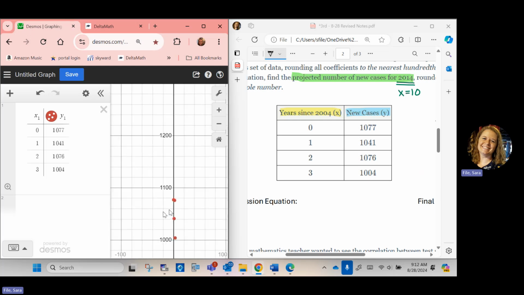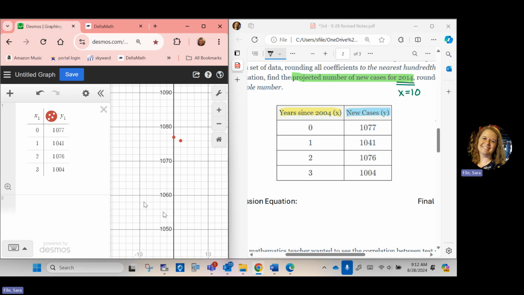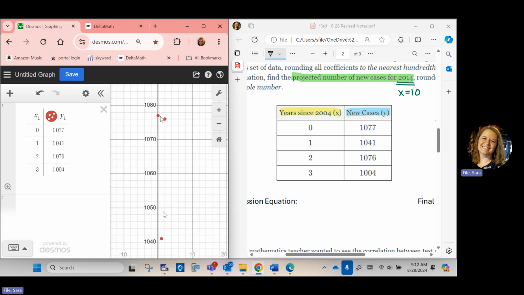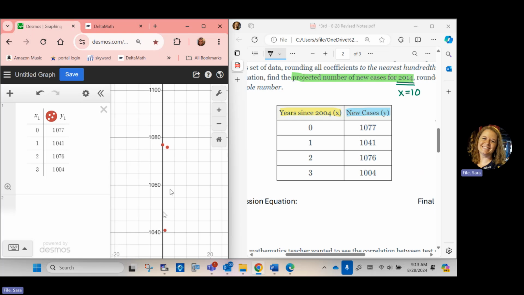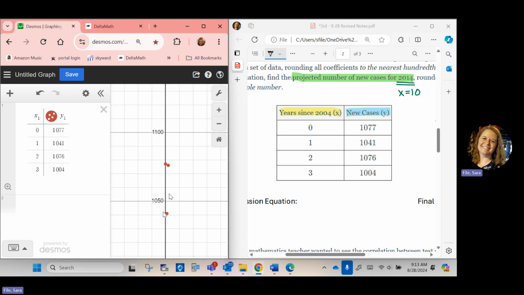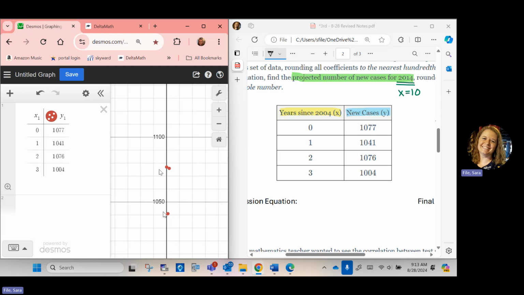As you put in a table, your graph is going to come up with those points graphed. It's creating a scatter plot of that data. I have to be way zoomed out to see it since they're such large numbers. But I want you to know when you put in a table, the data does appear as a scatter plot.